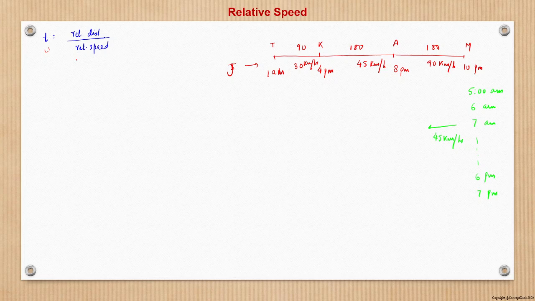From an intuitive understanding, the higher the speed of Jodhpur Express, the more frequent the meets with the passenger trains, and the lower the relative speed, the less frequent, with a longer duration between meets. With this in background, let us now solve when the first meet will be.